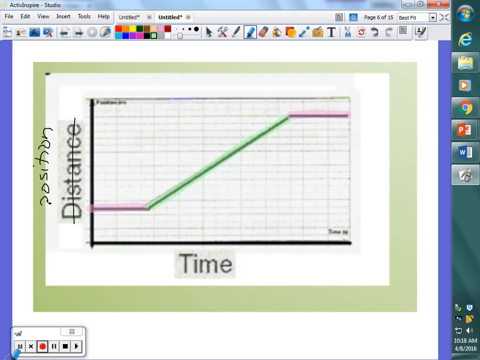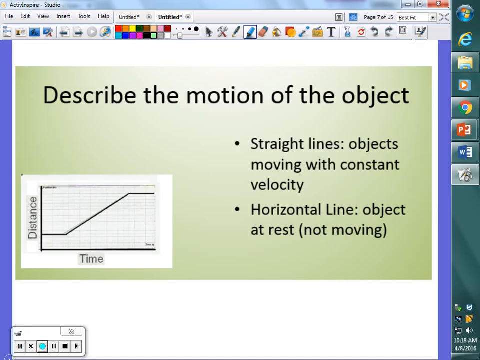So, if we look at position versus time graphs, straight lines represent objects moving with a constant velocity. Horizontal lines, so actually the pictures, or the little thing next to the graphs, just to the left of the graphs, there's some spaces for you to fill some stuff in there. Horizontal lines represent objects that are not moving or at rest.